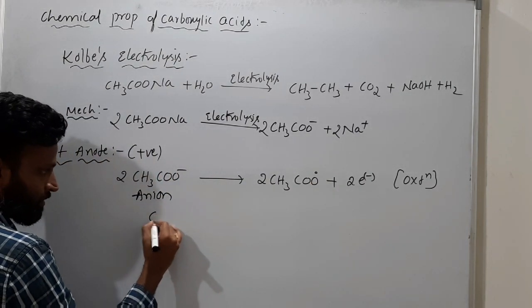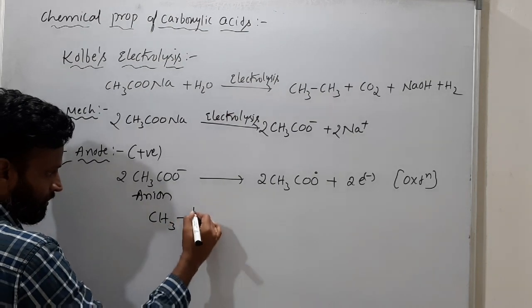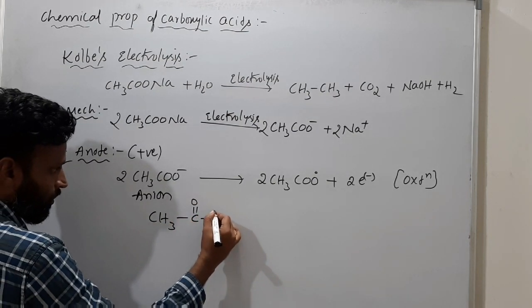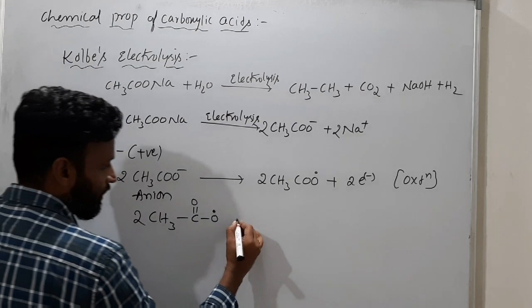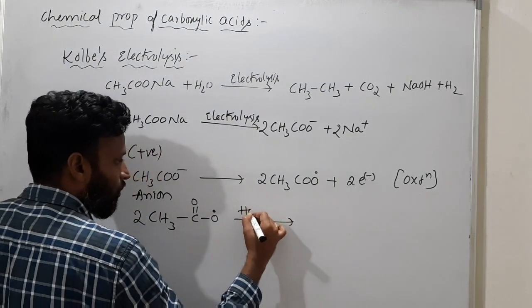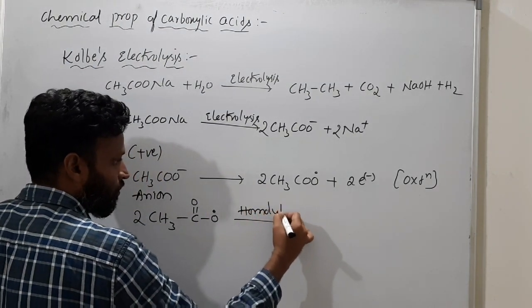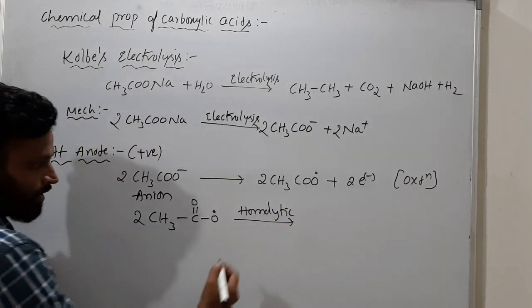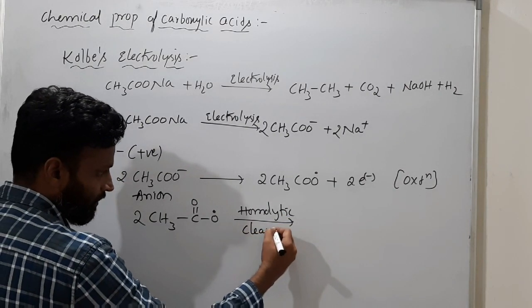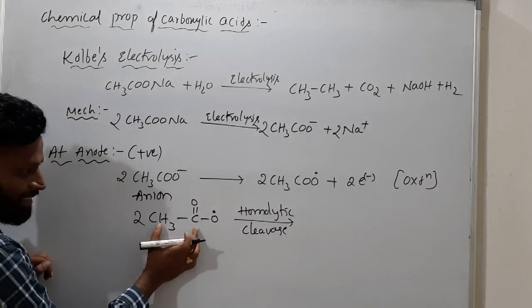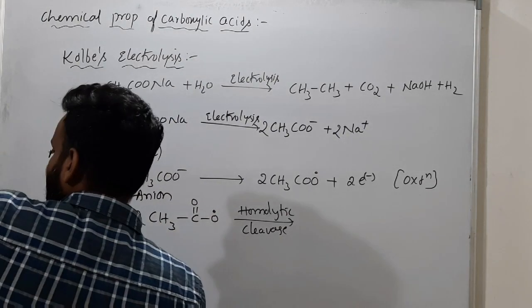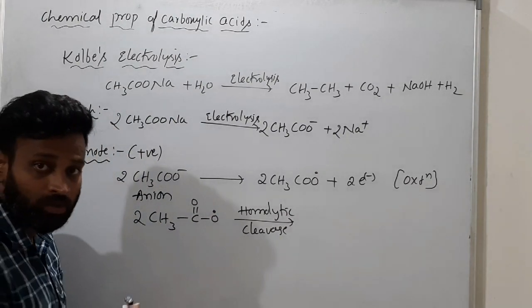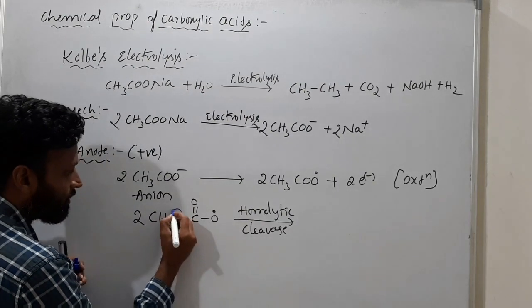Next, this CH3C double bond O dot, taking 2 moles. Here homolytic cleavage takes place. Homolytic cleavage of which bond? The C-C bond will break homolytically. We represent homolytic cleavage with half arrows.